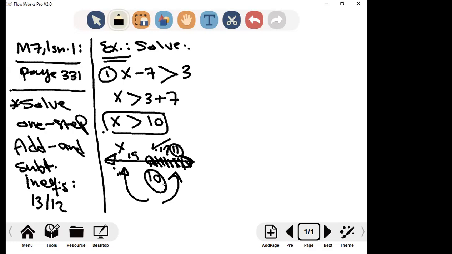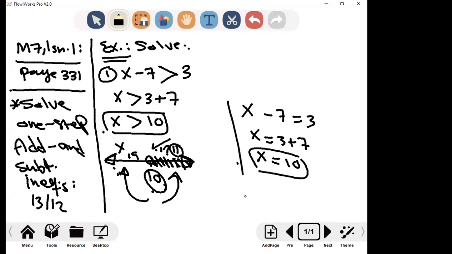Now this number, if we have an open circle, then this number is not a solution. Okay? If you have a closed circle, then it is a solution. Got it? Can we know how many solutions? No. In equations, when we did an equation like this one, x minus 7 equal 3, x equal 3 plus 7, x equal 10, right? In the equation, how many solutions do we have?